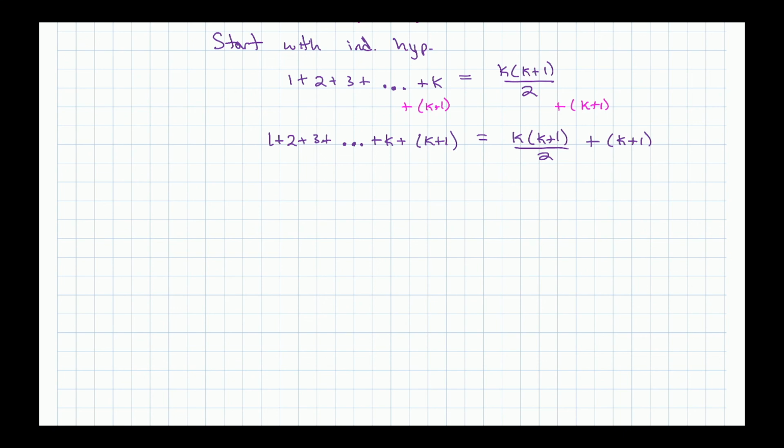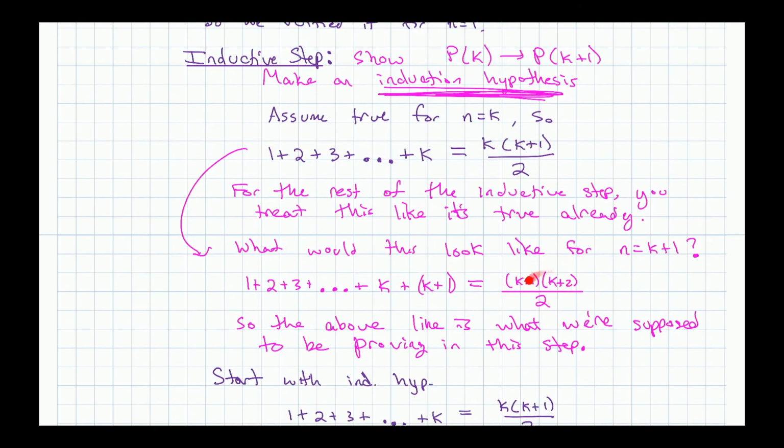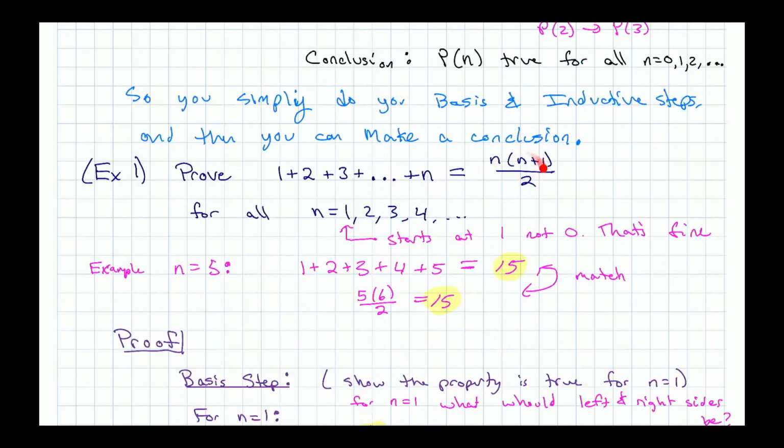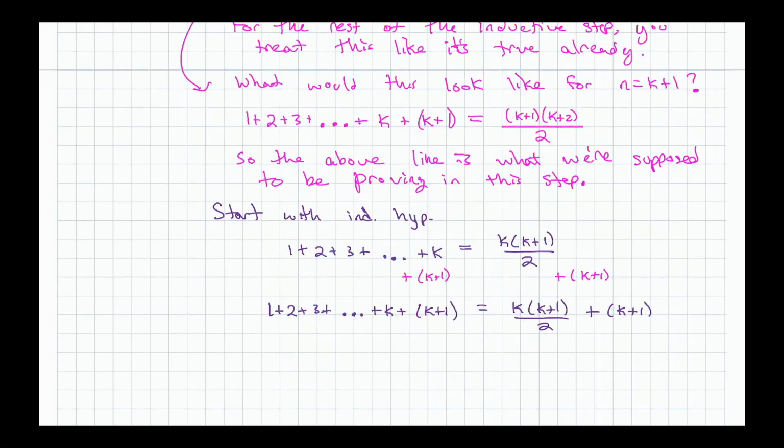And so at this point, what you're supposed to recognize is the left-hand side looks fine. The right-hand side here does not look like this form or this form, right? And so of course it doesn't match this. So what you need to do is some kind of algebra here to hopefully make it look like the original right-hand side is supposed to look.